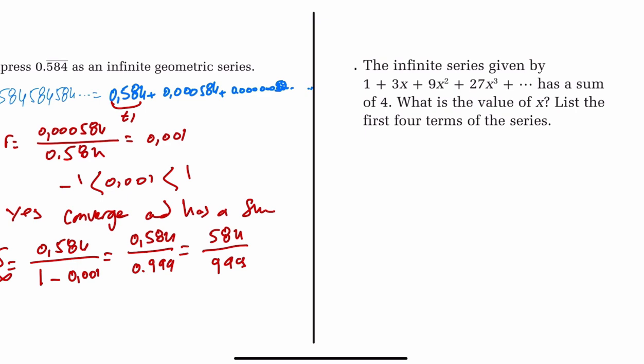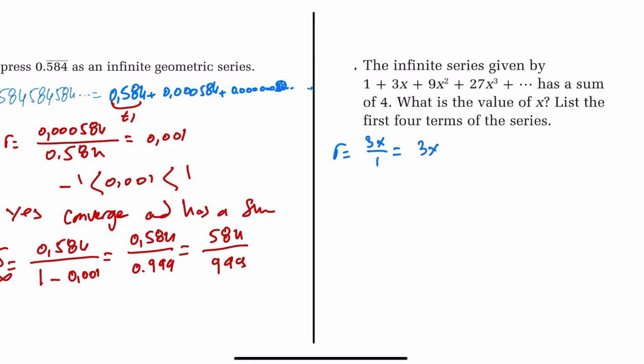In the second example, this is my first term, and I need to find my R. So my R is equal to T2 divided by T1, which is 3x divided by 1. So my R is 3x.